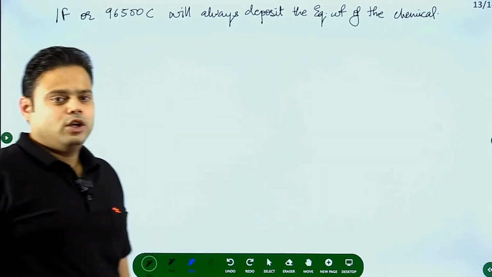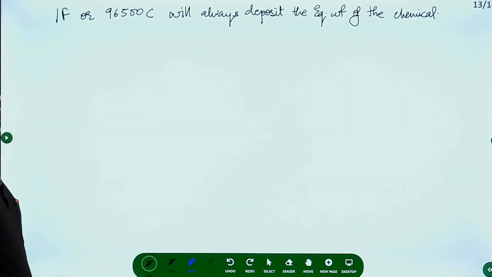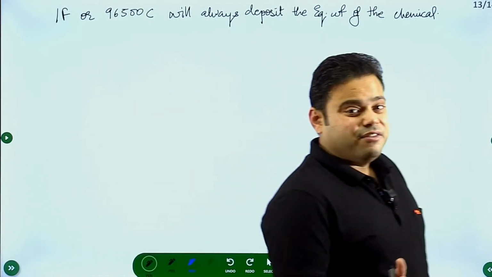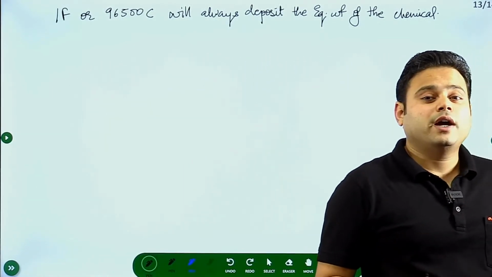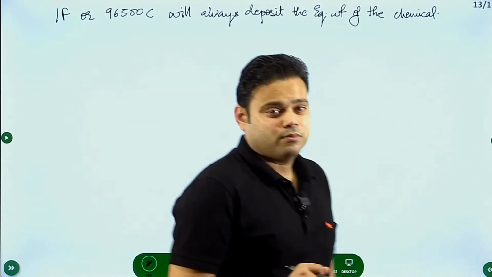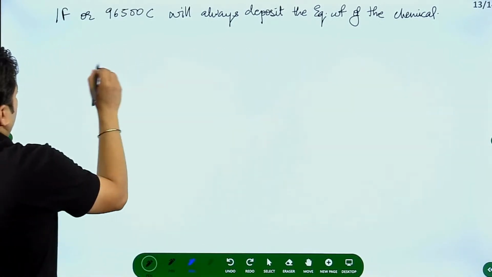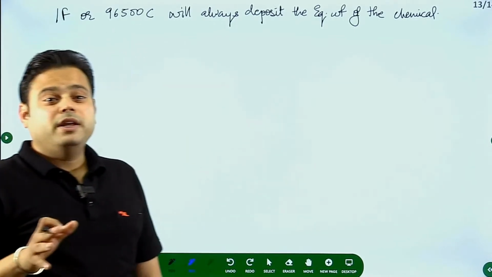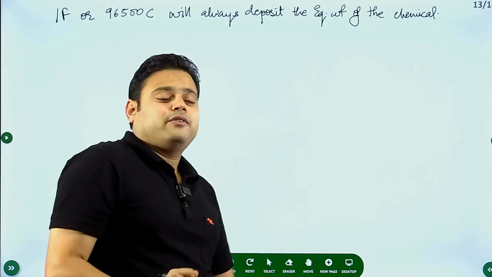Now if the question asks how much charge will be required, then whatever is the valency of that particular element, that many Faradays will be required to deposit 1 mole of atoms. Okay, 1 mole of atoms. This is the shortcut. 1 Faraday or 96,500 coulombs will be required to deposit the equivalent weight of the chemical.